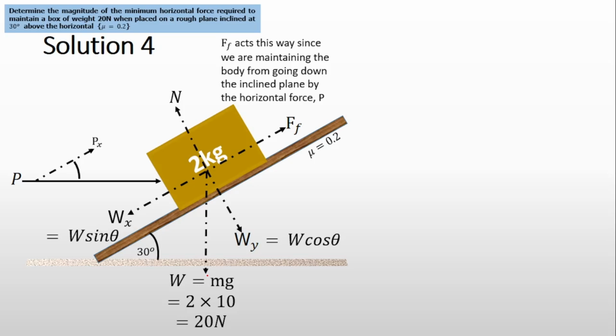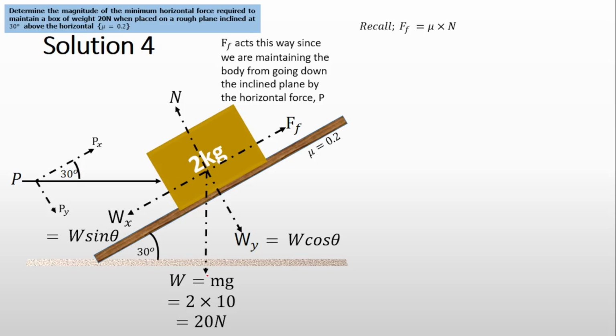You can watch my second video where I explain how to determine P sub x and P sub y, the vertical component of P. There I explain how we can use the relationship between these angles to determine what P sub x will be and what P sub y will be. So we have seen how to resolve this. Now, from this interpretation, it will not be so easy to solve the problem going forward. Now, let's go. Recall from the law of solid friction that frictional force is proportional to normal reaction.